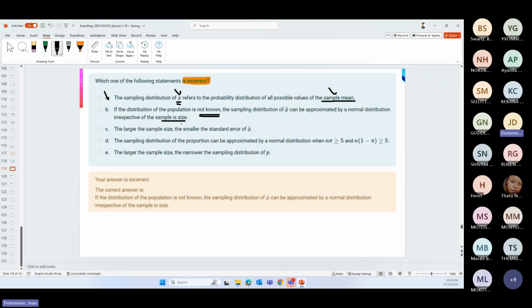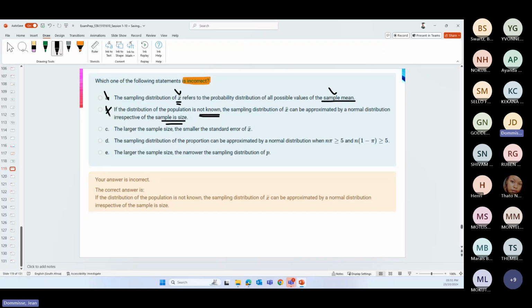Okay, so if you look at this, this one is the incorrect one, because we always say that when the population distribution, if we don't know the standard deviation, we're not allowed to do certain things.